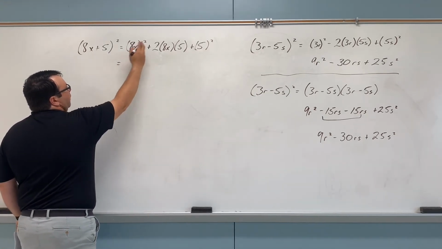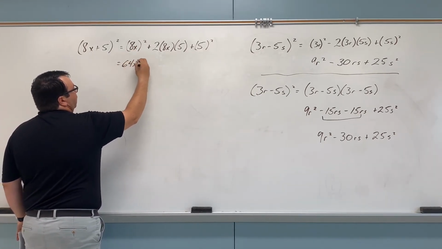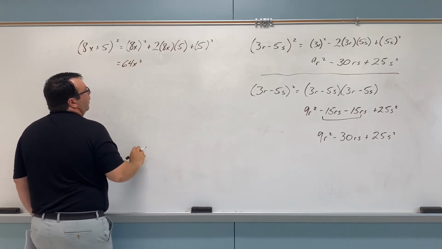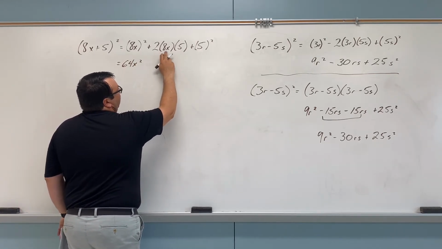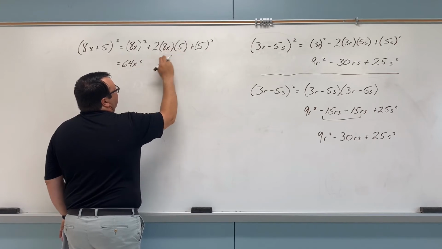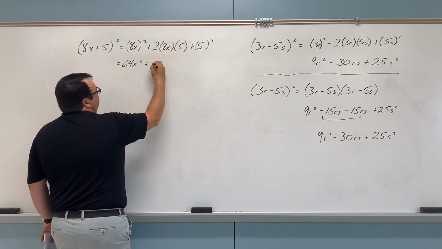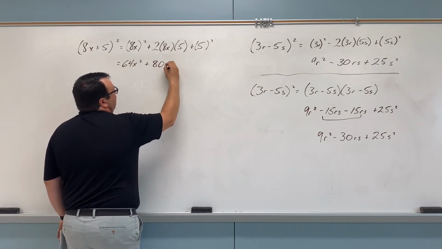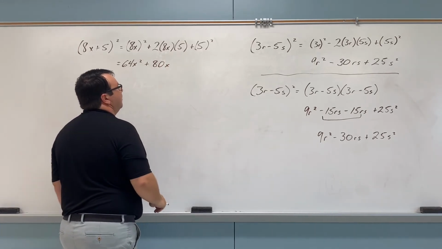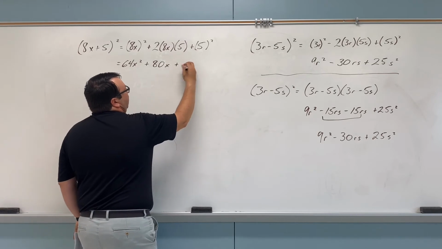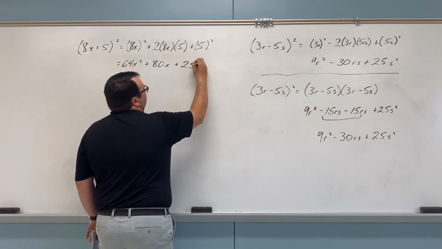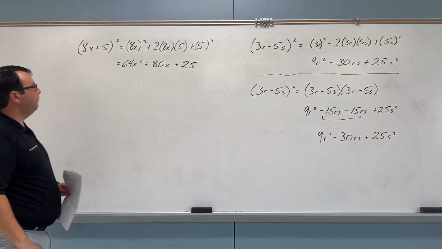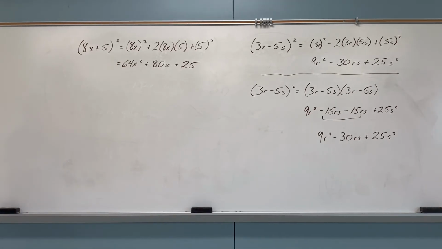Simplifying this gives me 64x squared. I have 2 times 8 is 16 times 5. I'm going to have 80 here. 80x, plus, this is going to be 25. And that is all. That's it.